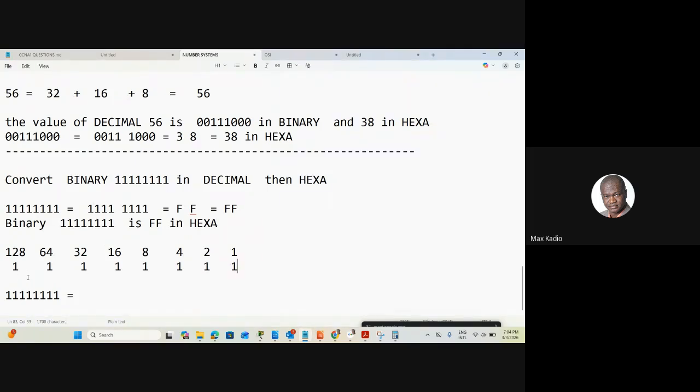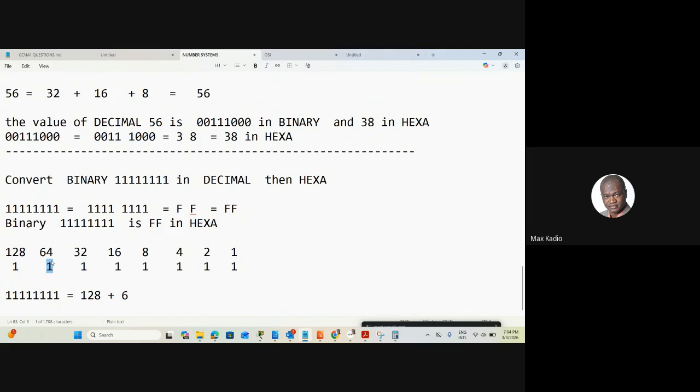So this binary is here. Now you say I took one. One is under 128. It means I took 128. So there is one under. So I took 64.